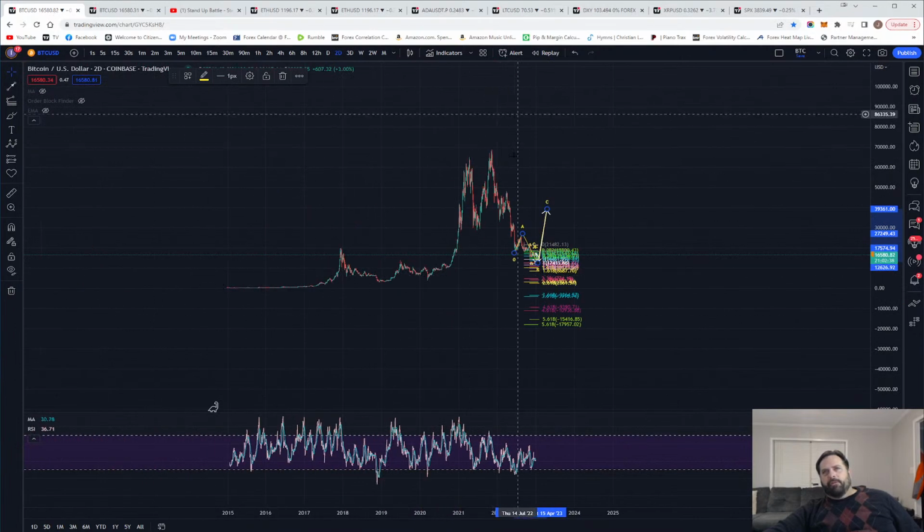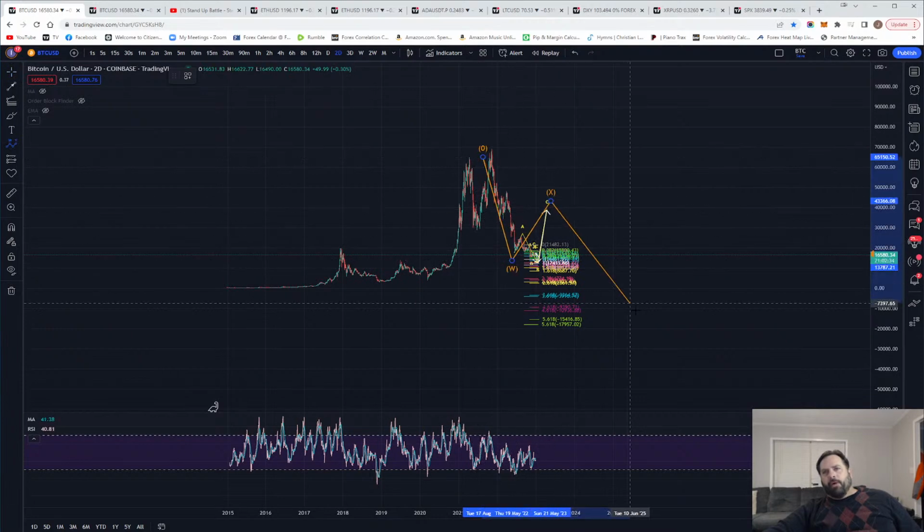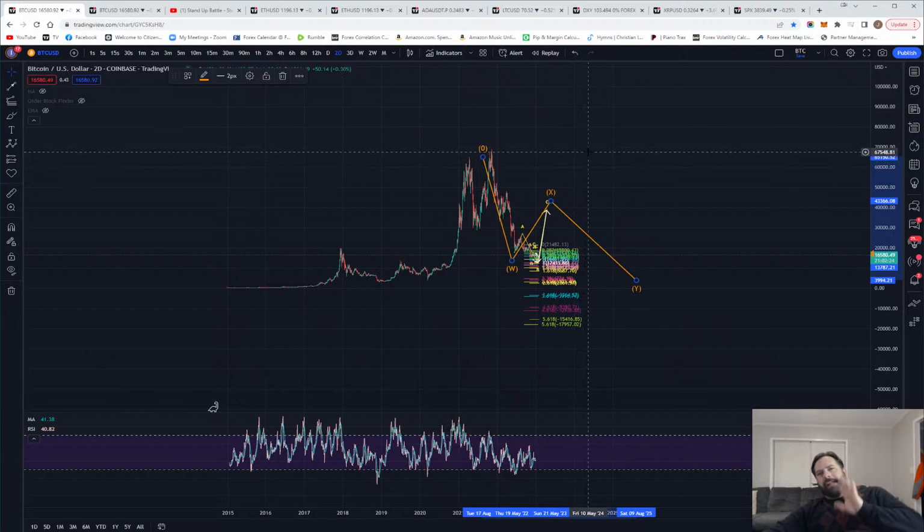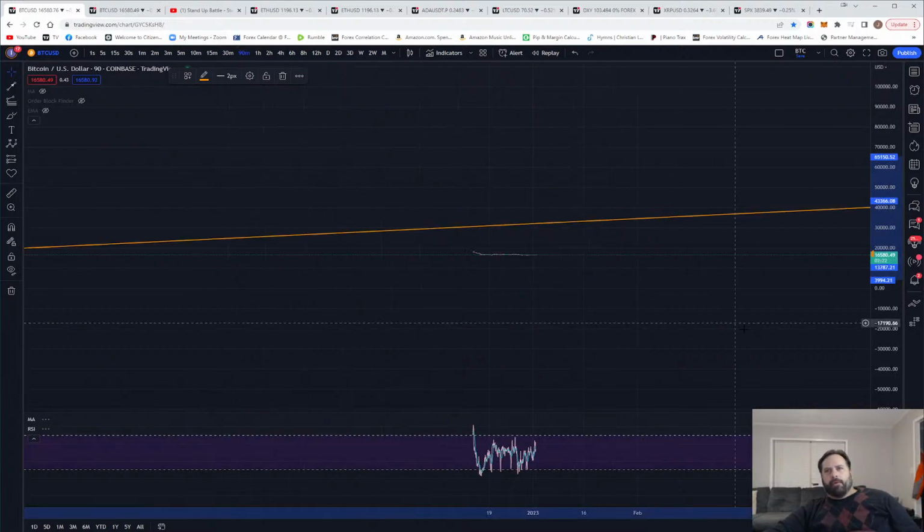We got a 5-wave move up. We're going to finish a large scale WXY to the downside before we start pumping up and getting to 100K down the road. Okay? All right. So that's kind of, again, the way I'm looking at everything.